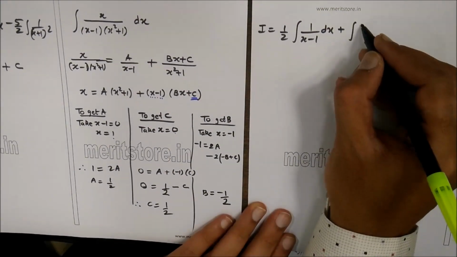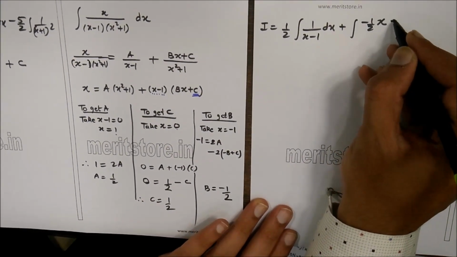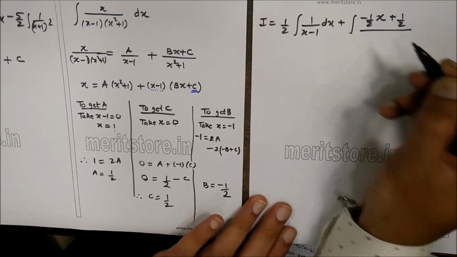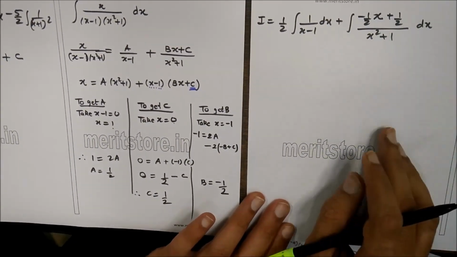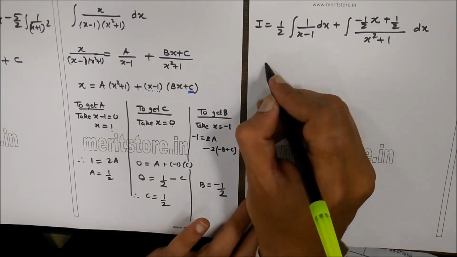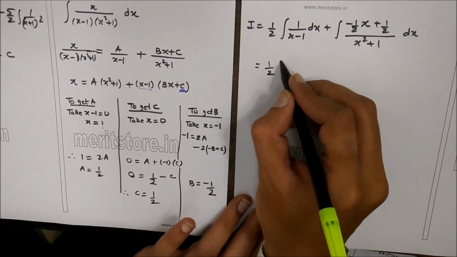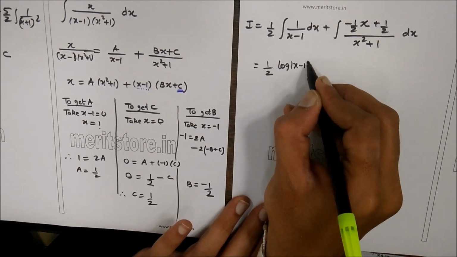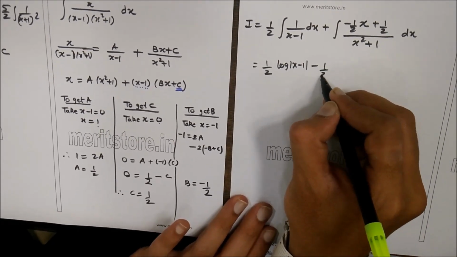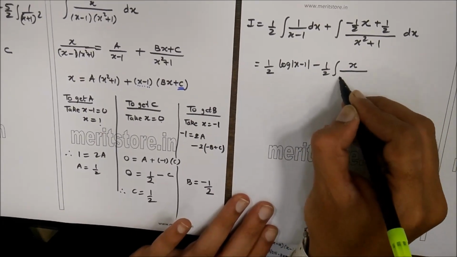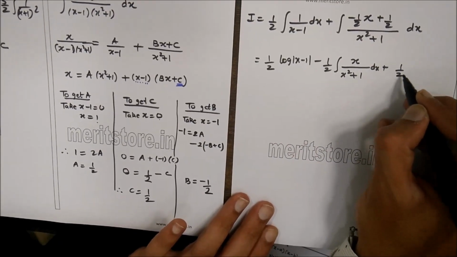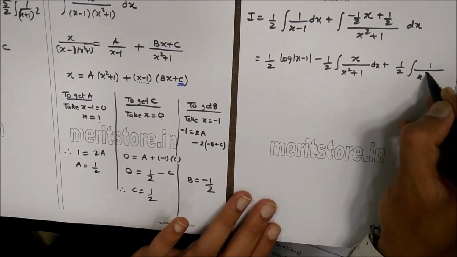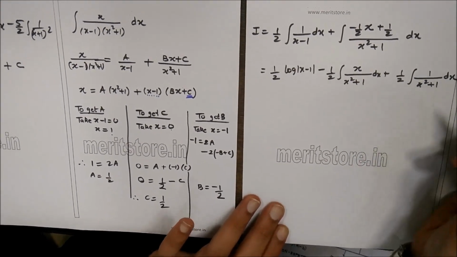So instead of b, I'm going to write (minus half x plus half) the whole upon x square plus 1 dx. We'll now split these two terms. Half log mod x minus 1 minus half x upon x square plus 1 dx plus 1 by 2 integral of 1 upon x square plus 1 dx.